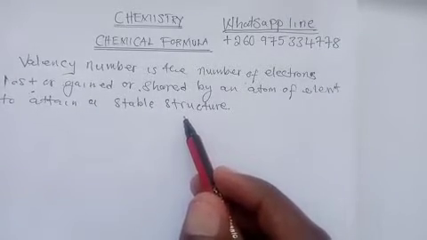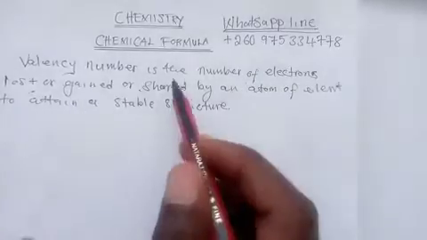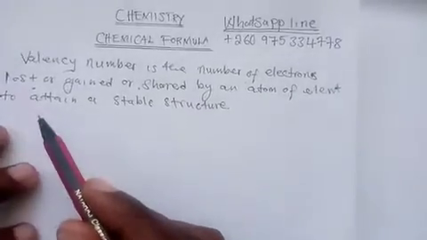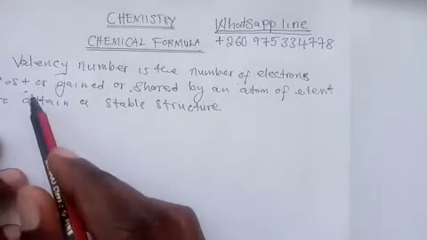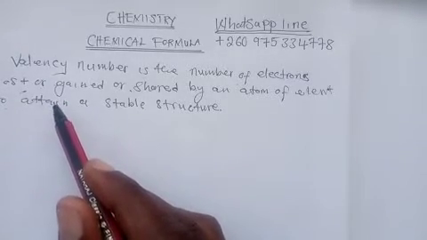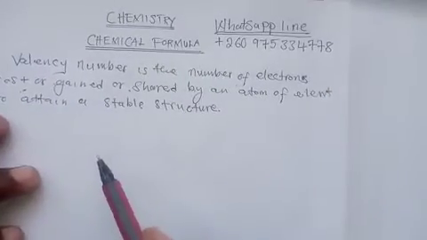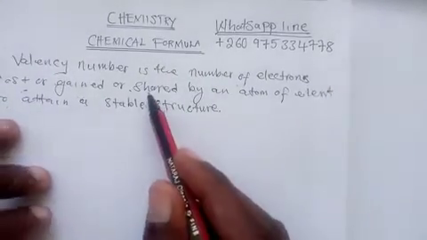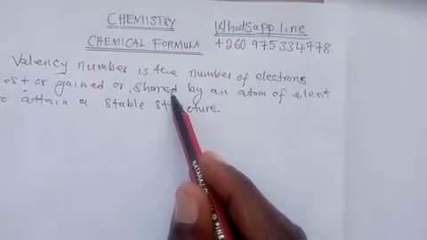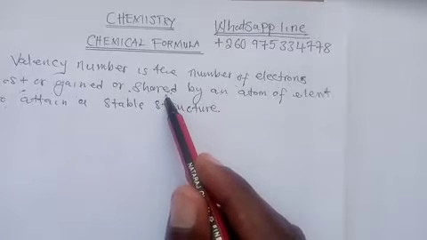This comes from bonding. So whenever an atom has lost electrons, meaning that it gives, or gained, meaning that the atom has received, or shared, sharing of electrons is between non-metals.